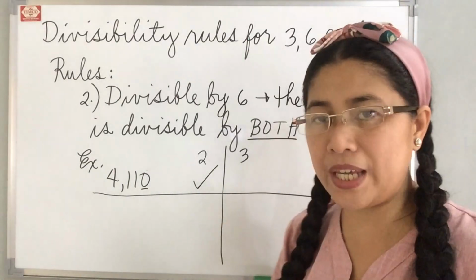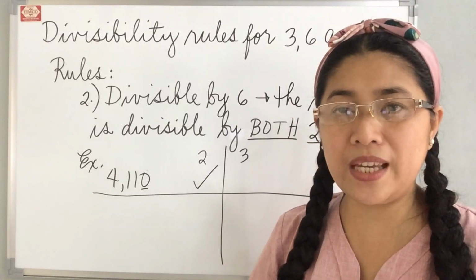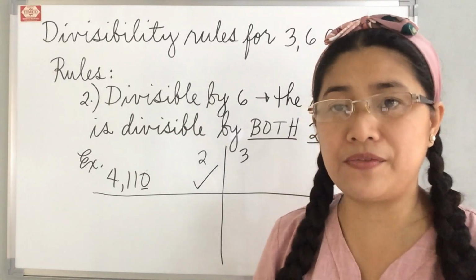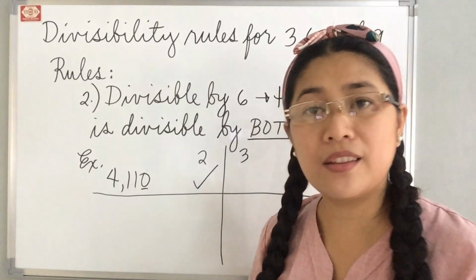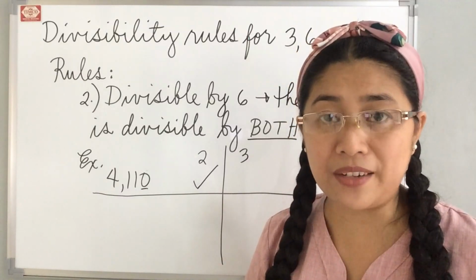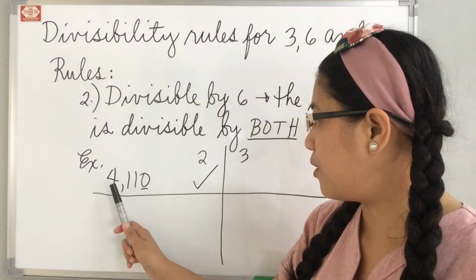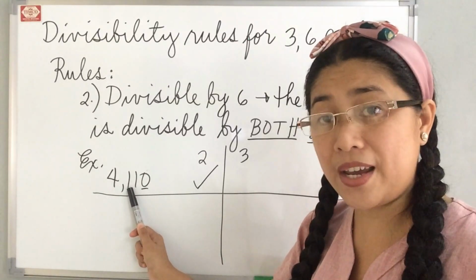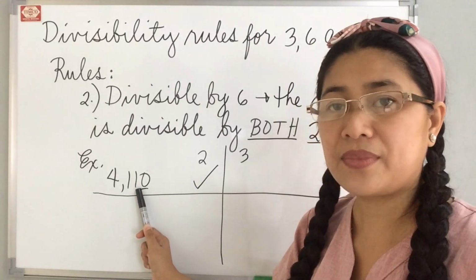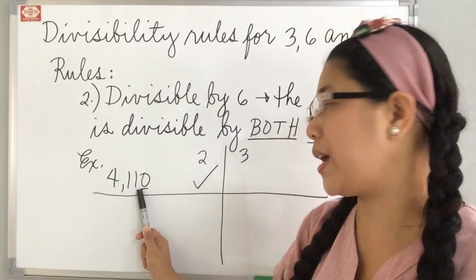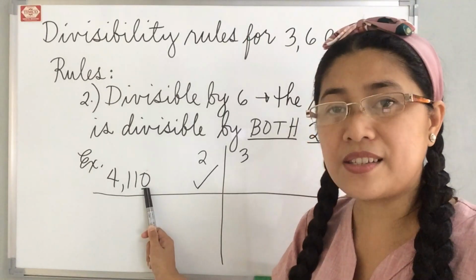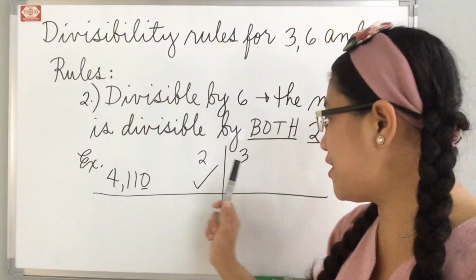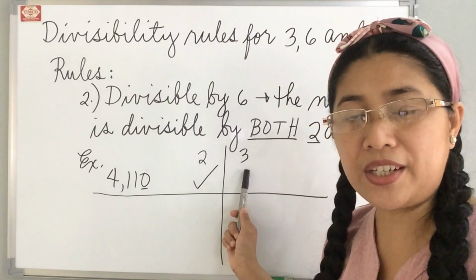How about by 3? What is our rule for number 3? Let's add the digits. Then, if the sum is divisible by 3, therefore, the number is divisible by 3, right? So, let's add. 4 plus 1 is 5. 5 plus 1 is 6. 6 plus 0 is still 6. Now, can we divide 6 by 3 without remainder in the quotient?